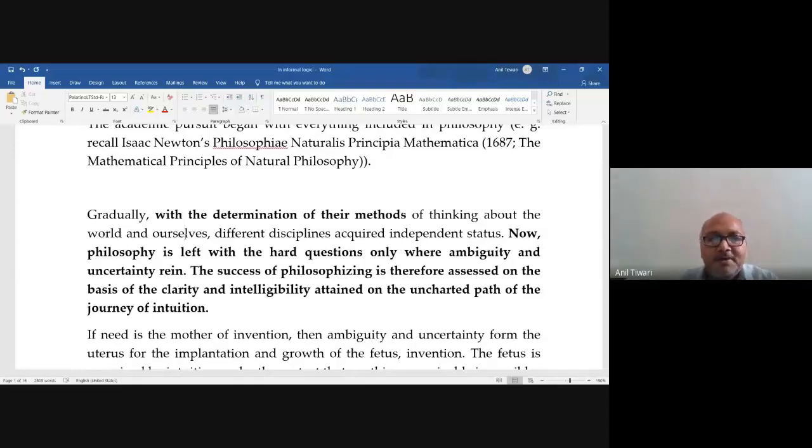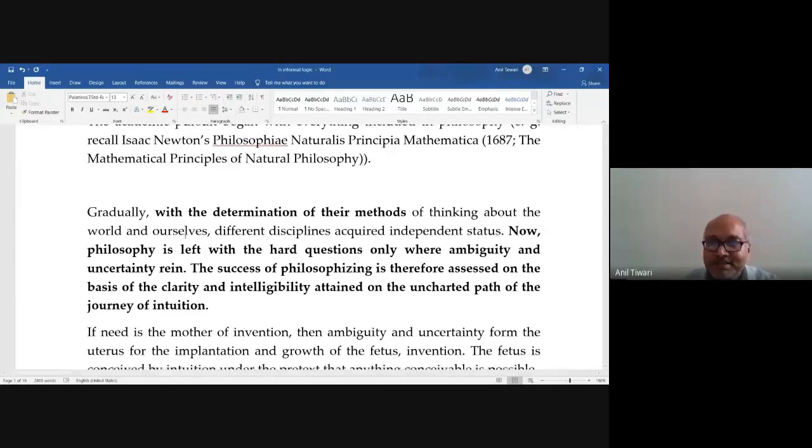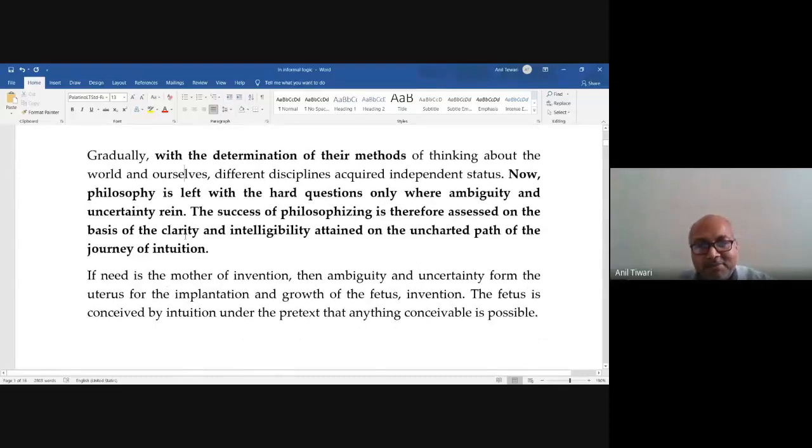Now, philosophy as a discipline, as an academic enterprise, is left with the hard questions, only where ambiguity and uncertainty reign. The success of philosophizing is therefore assessed on the basis of the clarity and intelligibility attained on the uncharted path of the journey of intuition. I am writing this. I don't understand what I am writing, but I am putting it for your wondering.